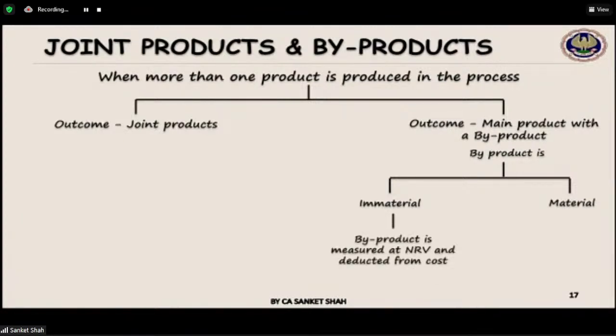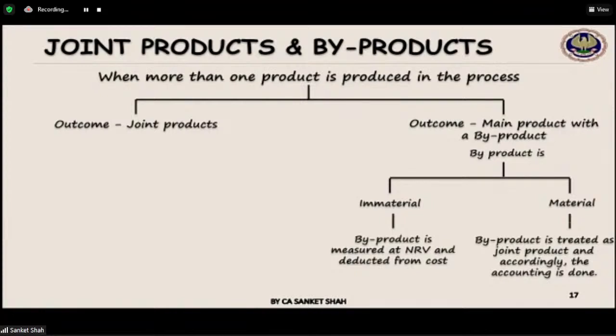In case of immaterial, NRV is deducted from the cost, and if it is material, we will consider it as a separate joint product. So in the exam, we consider it as immaterial. Okay, so you can take a screenshot of byproduct also. Very good that you have understood these methods.